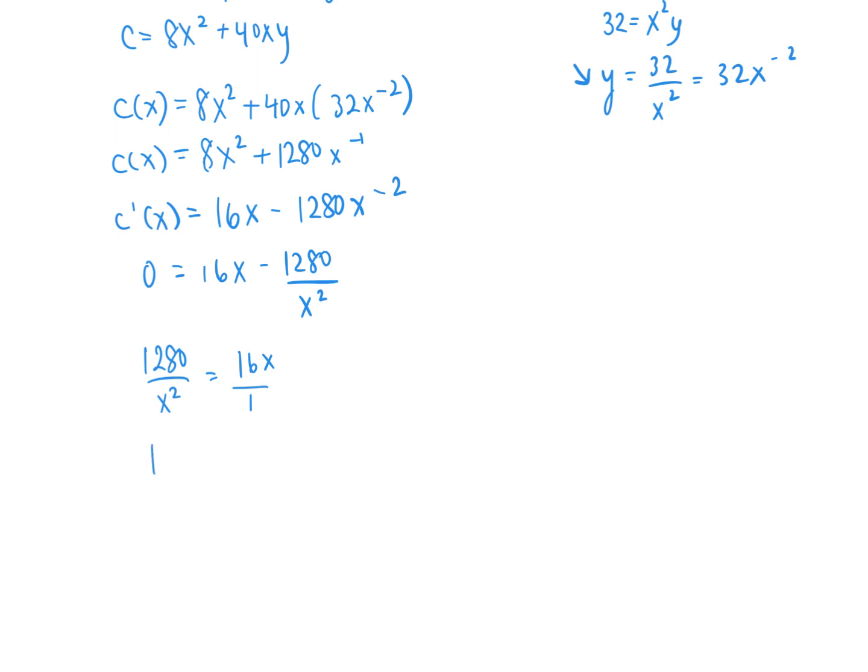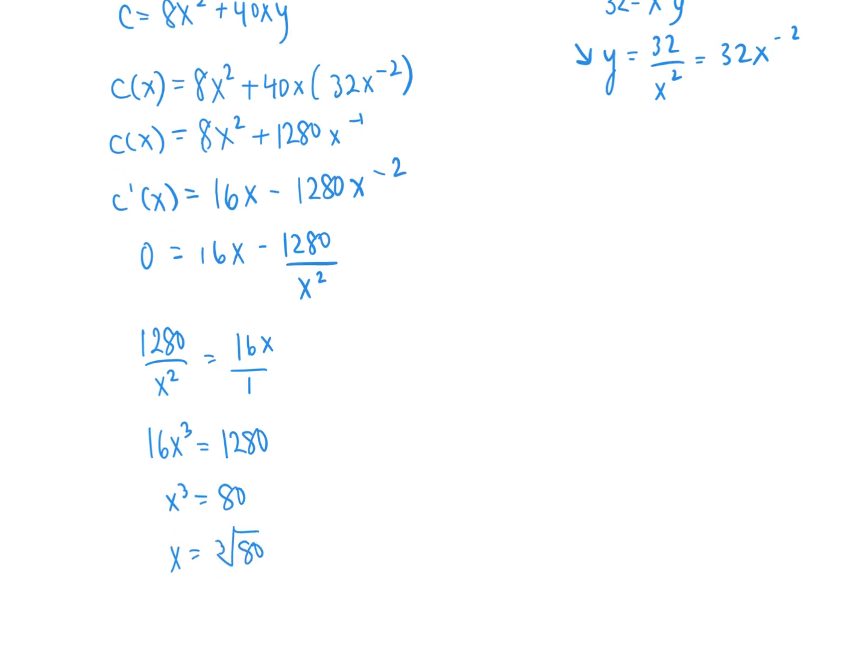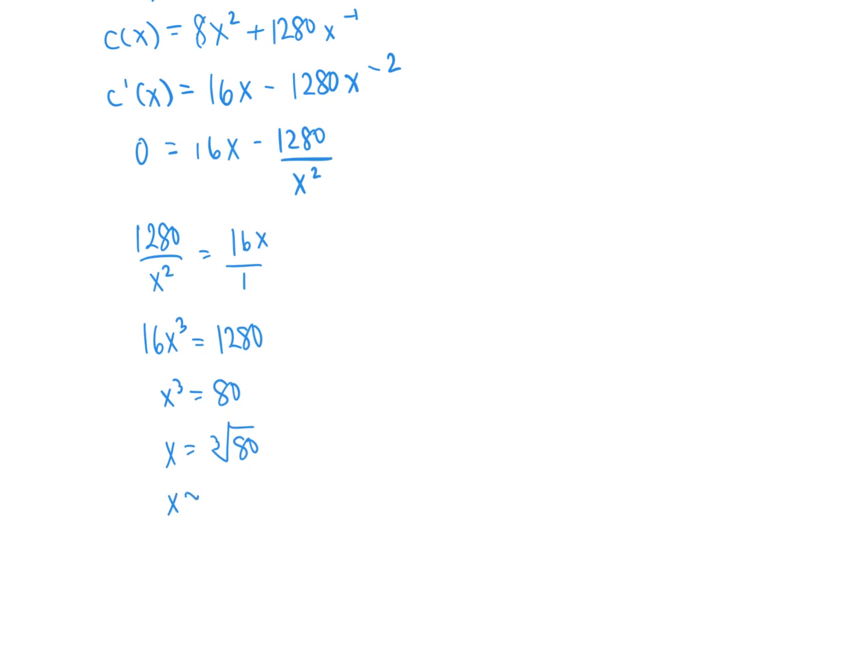So that will give us 16x cubed when we cross multiply equals 1,280. Now I can divide both sides by 16. I actually get 80, and this is what we're going to be cube rooting. So there's my exact value, and if I wanted a rounded value, that would be 4.3 feet.